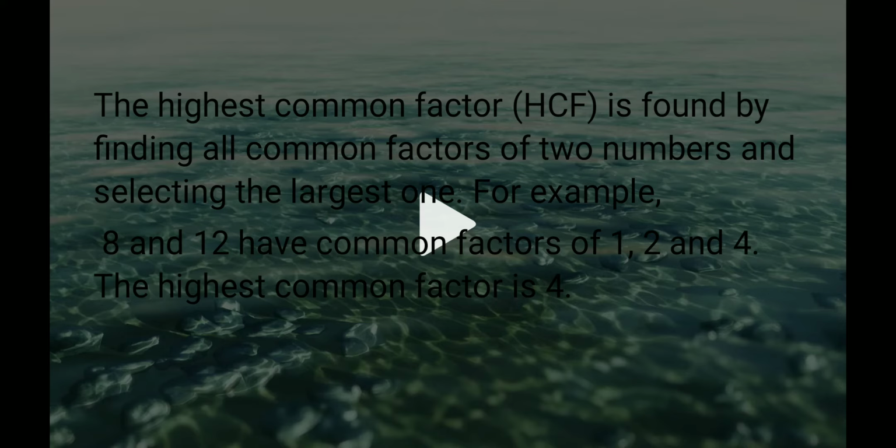Now, after finding the factors of 8 and 12, we will find the common factors, the factors which are common in 8 and 12. Which are the common factors? 1, 2, and 4. And in 1, 2, and 4, which is the highest common factor? That is 4. So, 4 is the HCF of 8 and 12.